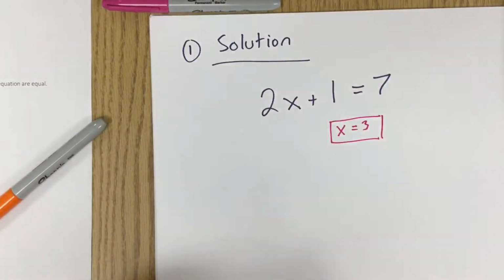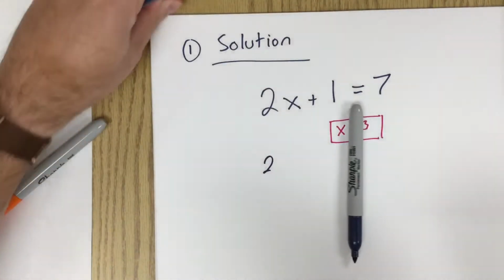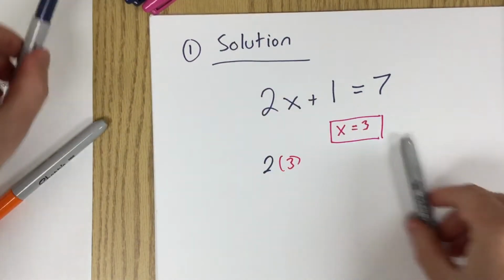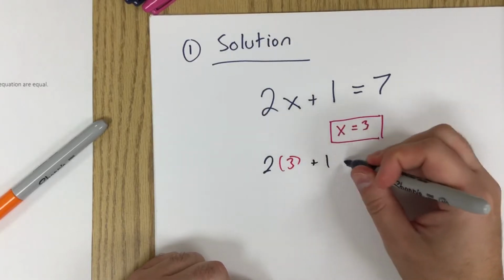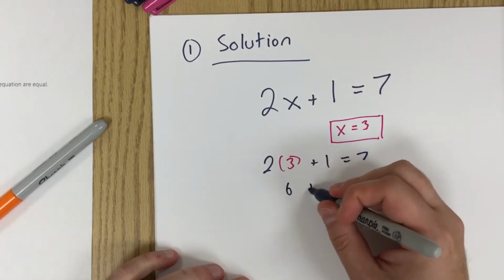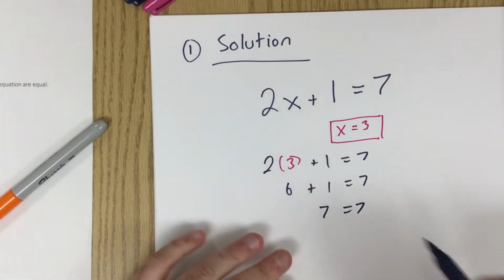So if I plugged 3 into this equation, 2 times 3 plus 1 equals 7, 2 times 3 is 6 plus 1, and indeed 7 equals 7.